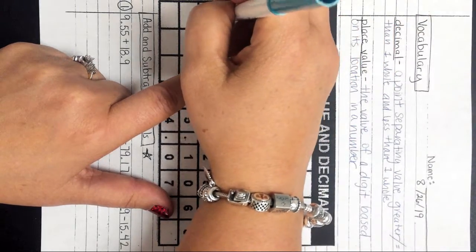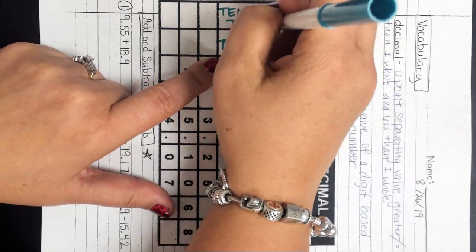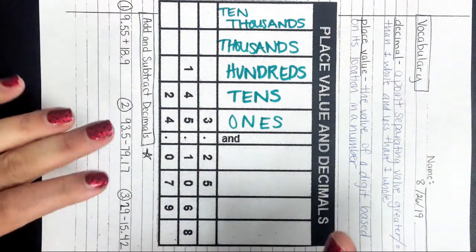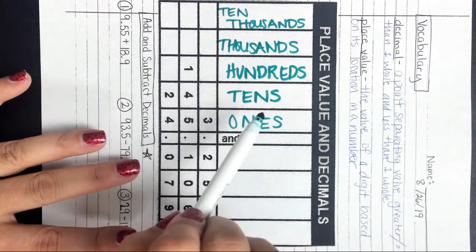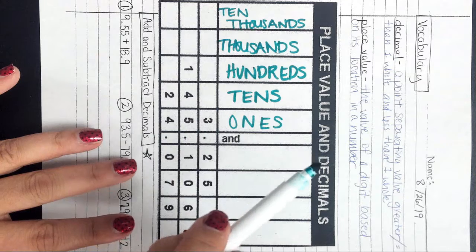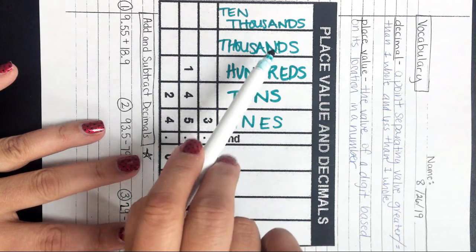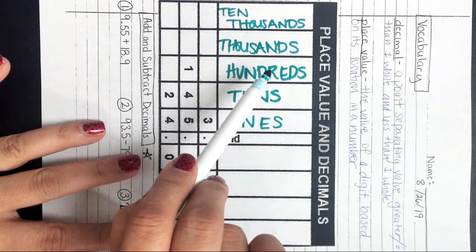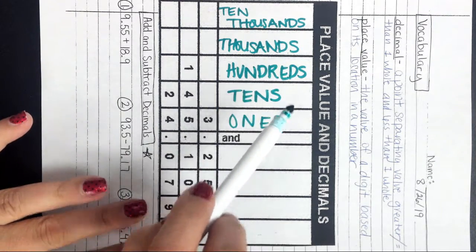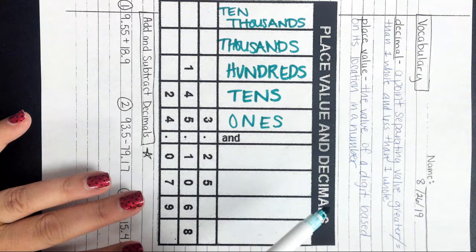That's all right. Now, the pattern will repeat itself. We'll go hundred thousands, then millions, then 10 million, 100 million. Each time you're increasing by multiplying by a power of 10. So if I wanted to go from the thousands place to the hundreds, what am I doing? Dividing by 10.